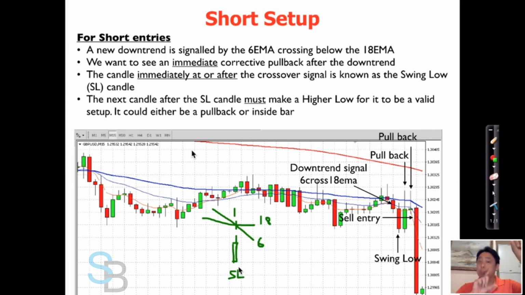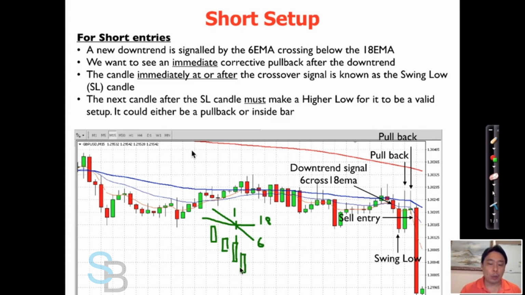It must be the lowest point in this new downtrend. So it's going to be lower than the previous candle and lower than the previous candle, for example. Okay. So what if the next candle makes a lower low like that? Is this still valid?